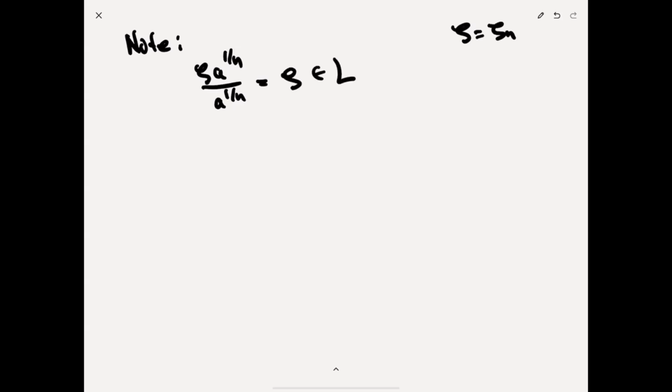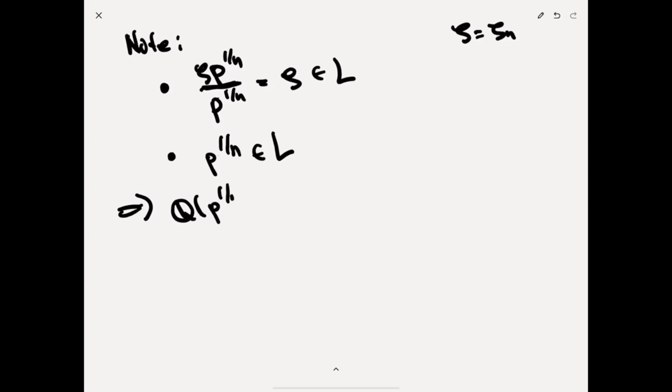This is an element of L. Also, p to the 1 over n, this real number, is in L. So this tells us that Q(p to the 1 over n, zeta n), we're just doing zetas, this zeta, is contained in L.